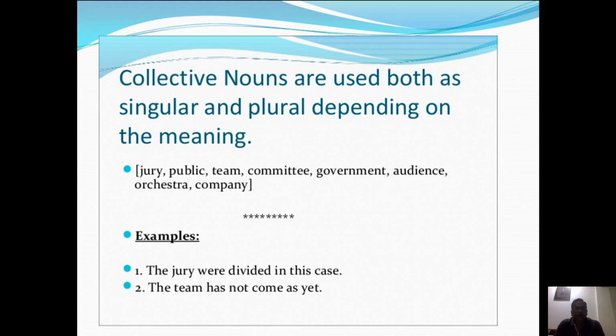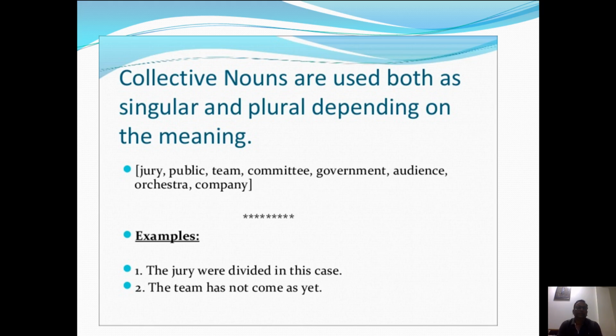Collective nouns are used both as singular and plural depending on the meaning. Examples: jury, public, team, committee, government, audience, orchestra, company.